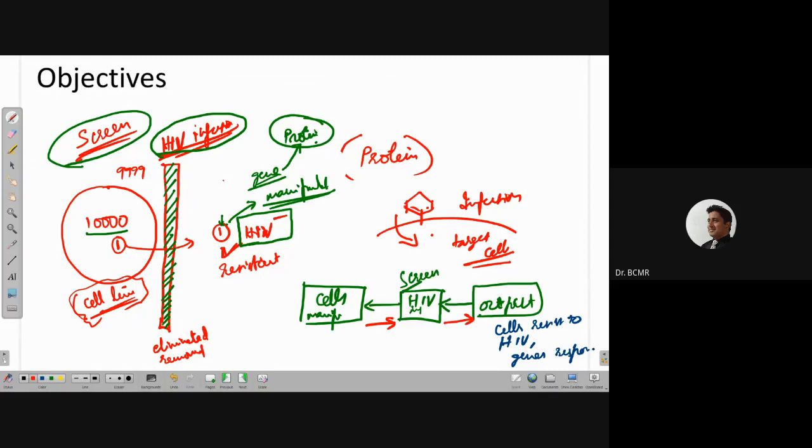Instead, in a genetic screen, you know what you want. Then you should know how to design a screen and how to manipulate the cells, and that will actually prove your understanding of the subject, and also your intellect in designing the strategy for it.